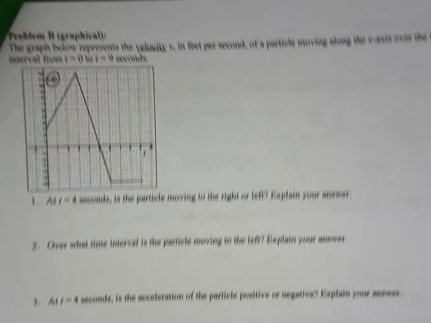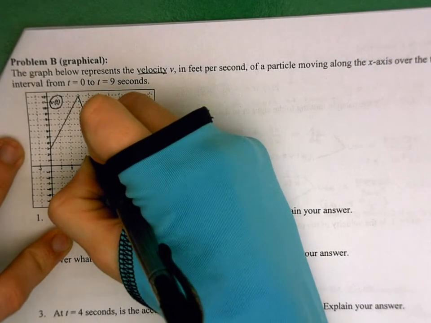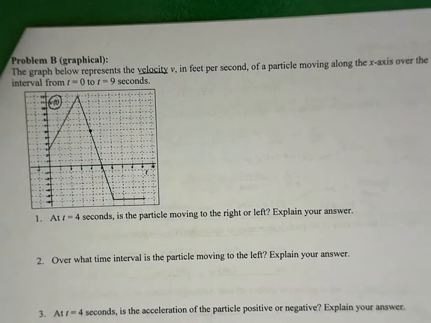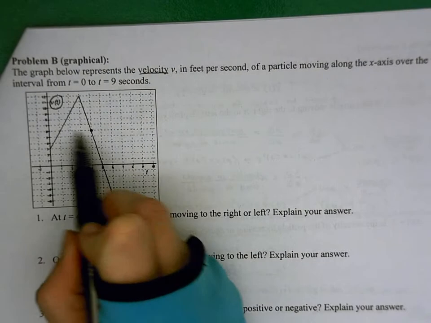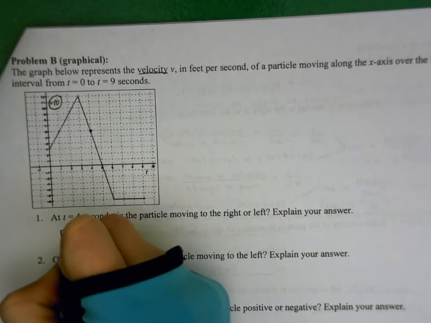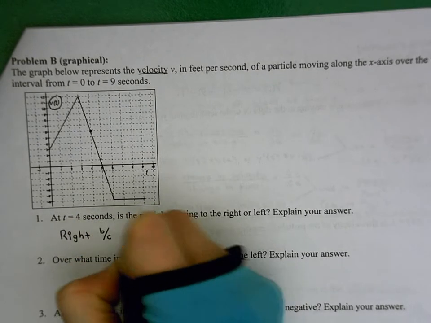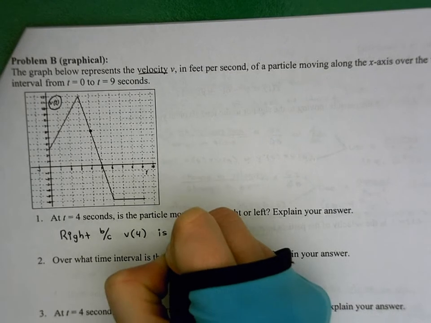Well, at t equals 4, I'm right here at positive 6. Velocity is positive, which means my particle is moving right, because velocity at time t equals 4 is positive.